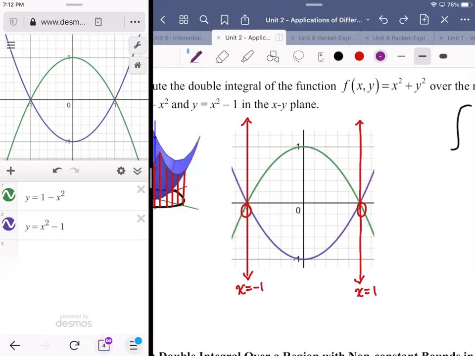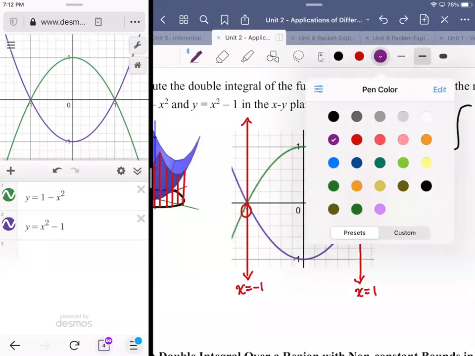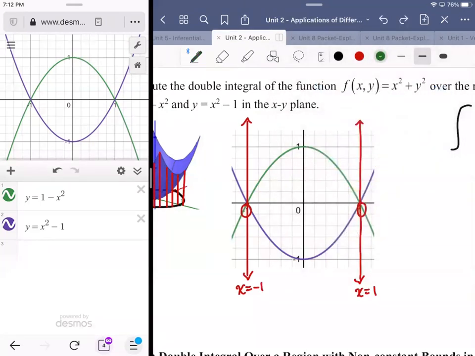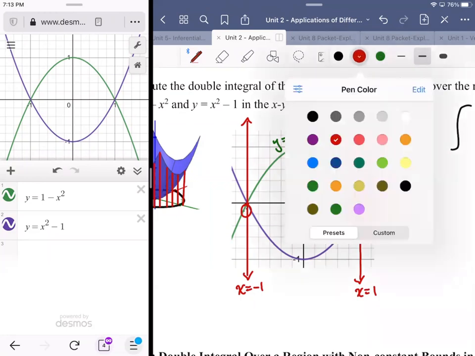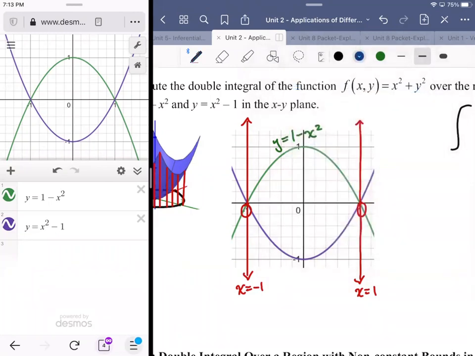Same but different, right? That's always how it plays out. Y equals 1 minus x squared on the high side, and blue. What's that, like the good blue? Oh, there it is. It's still not the good blue, but whatever. X squared minus 1 on the low side.